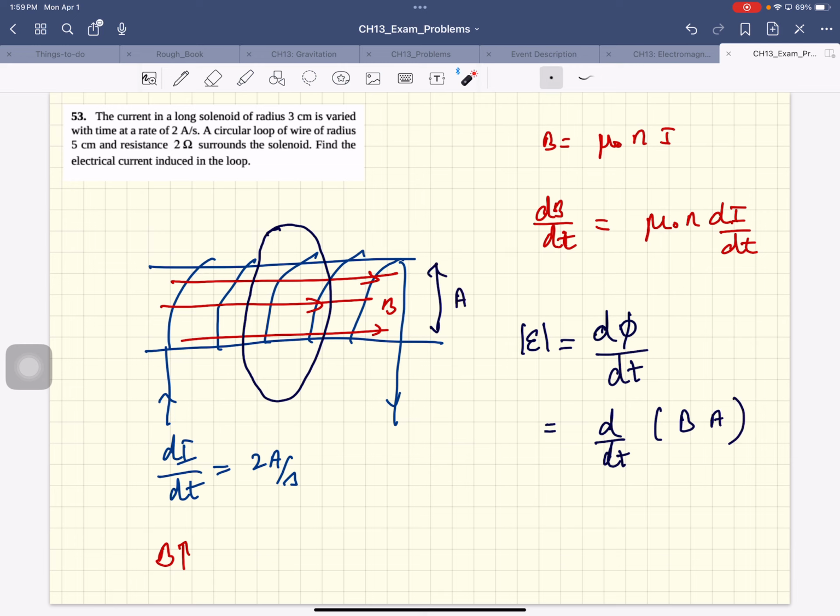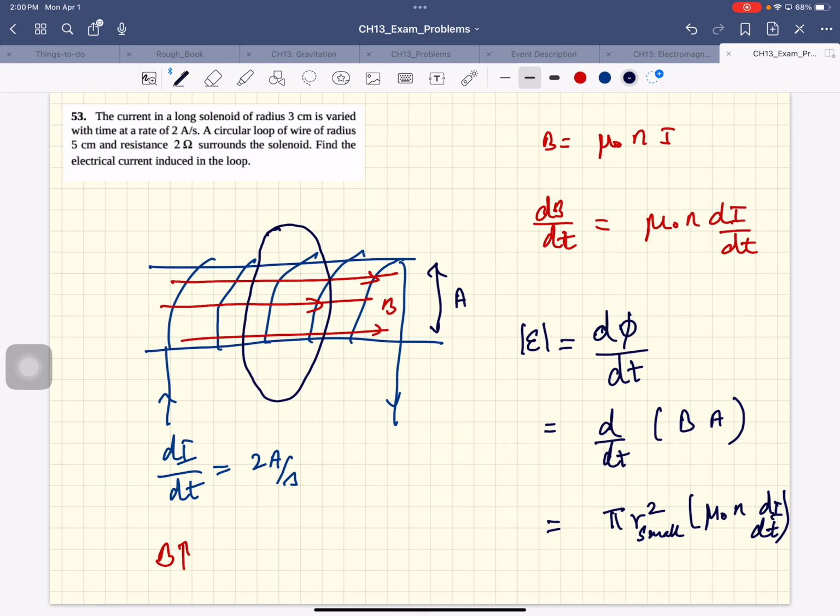The flux through this thing: the magnetic field is only in this area. So the flux is this area times the magnetic field. And the area is not changing, it's the magnetic field that's changing. So pi r smaller square times mu naught n di by dt.